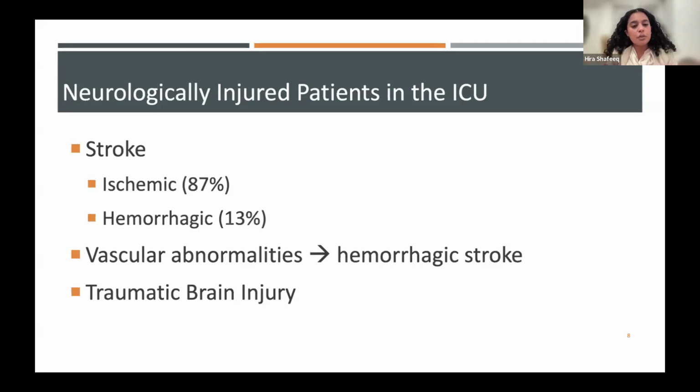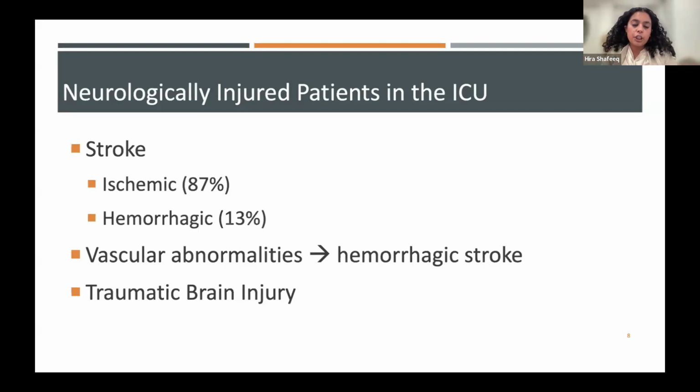But I wanted to take a moment to really remind everyone that until we get the initial CT scan, we don't know if the symptoms of these patients are because of an ischemic stroke or a hemorrhagic stroke, and they typically present as just a stroke with the same symptoms.